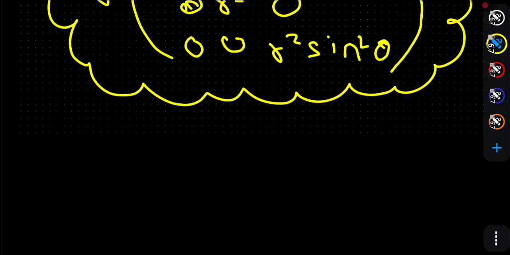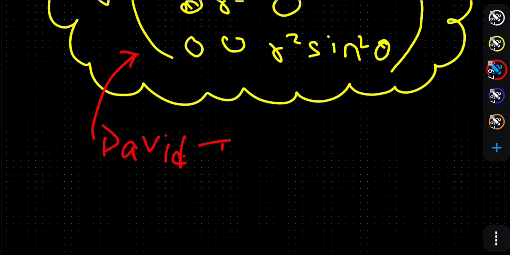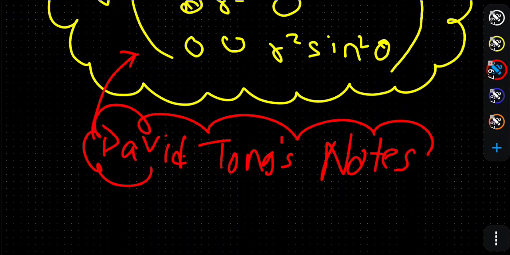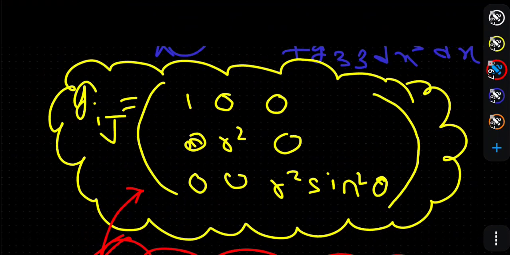The second method is also quite useful, but it is quite lengthy. That's why I liked and used this particular method. This method is given in David Tong's notes, and you can find this derivation there.